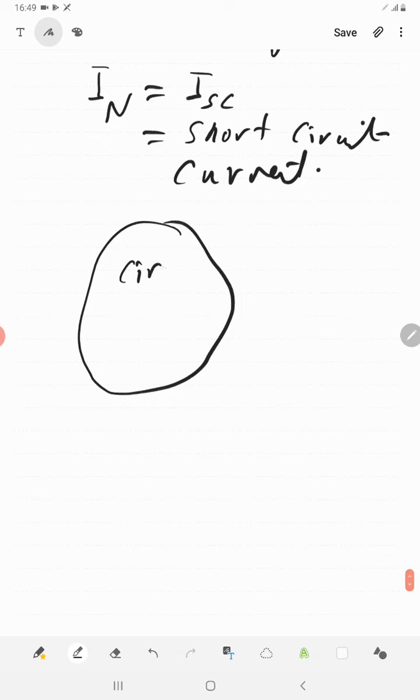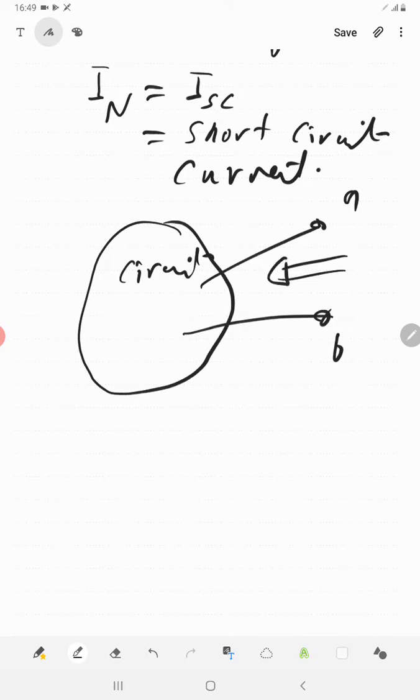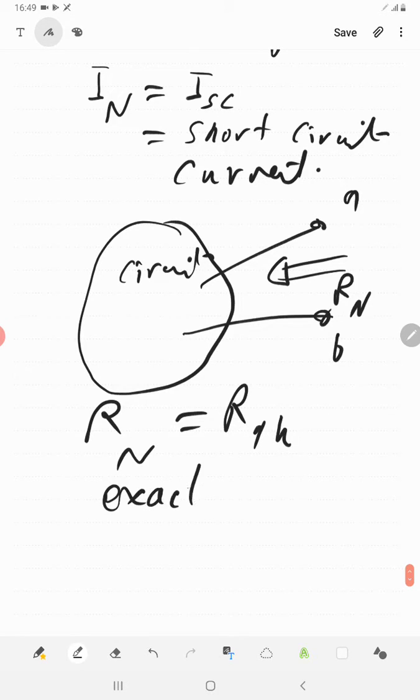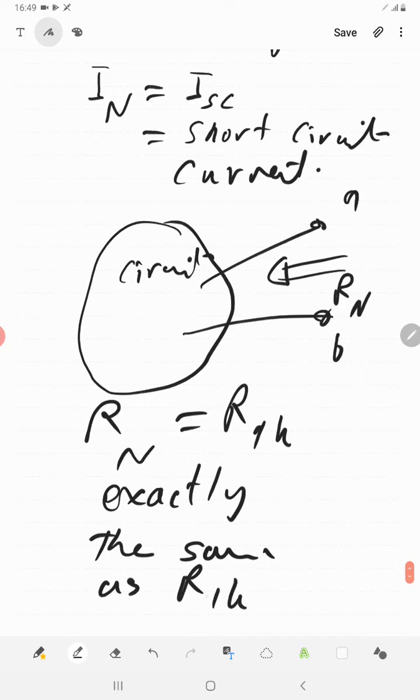This is the circuit AB. We find R Norton equal to R Thevenin, exactly the same as R Thevenin. How do we determine R Thevenin? We determine R Norton the same way.